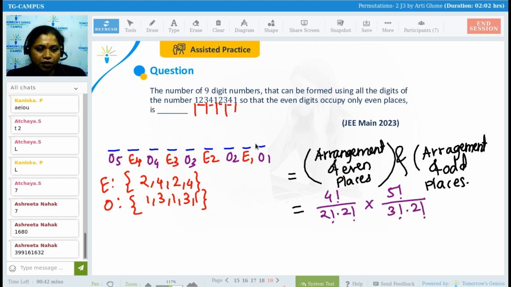Clear? Very simple JEE 2023 question. Last attempt of JEE, this question was there. Such questions will not take more than 20 seconds for you. That will be beneficial for you in solving some of the remaining questions.